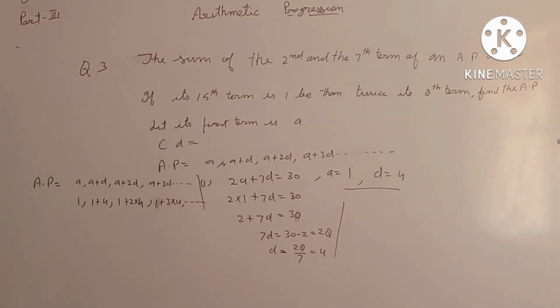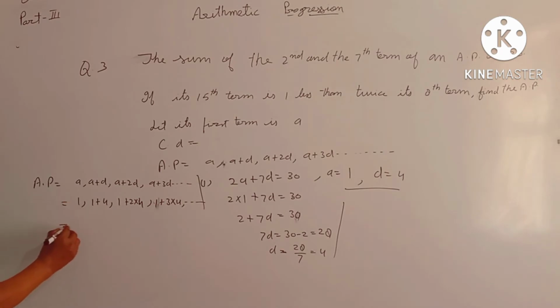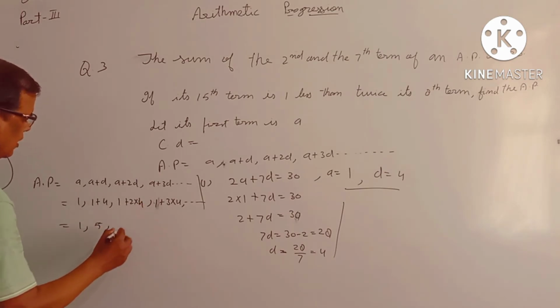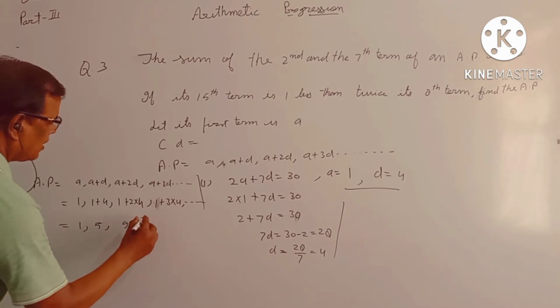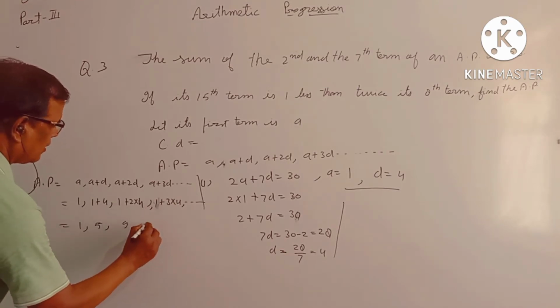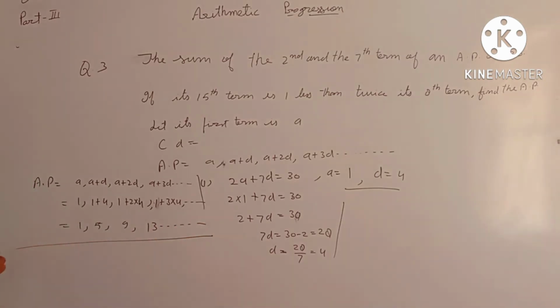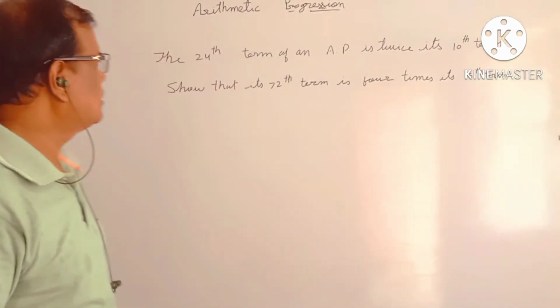Other terms we can find this way: 1, 5, 9, 13. This is the AP which is required according to the question. Now we are going to solve the next question.